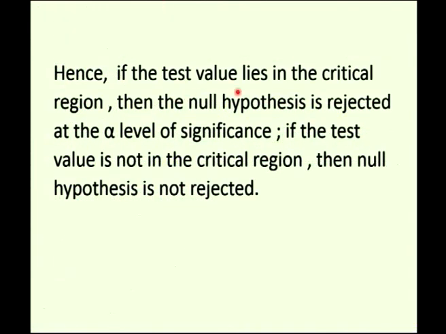Hence, if the test value lies in the critical region, then the null hypothesis is rejected at the alpha level of significance. If the test value is not in the critical region, then the null hypothesis is not rejected, it is accepted.